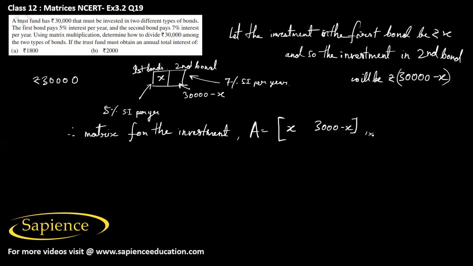So it is a 1 cross 2 matrix, since it has one row and 2 columns.